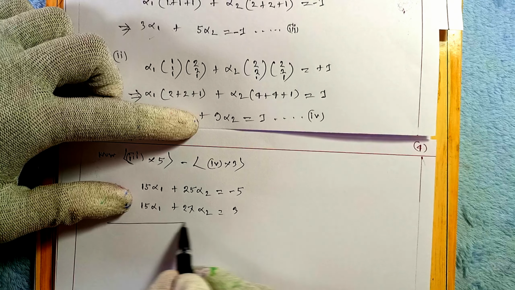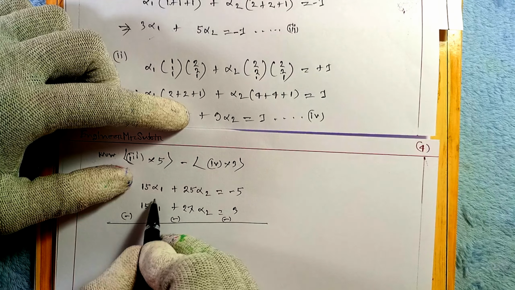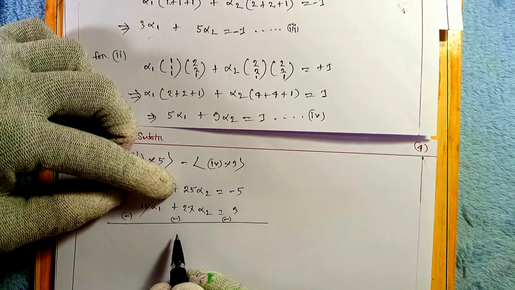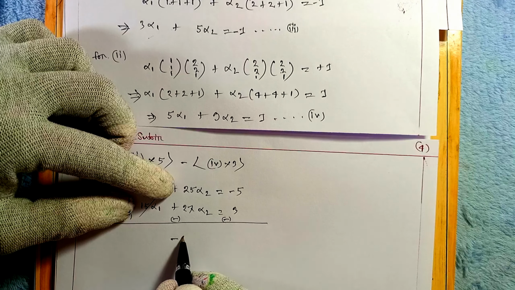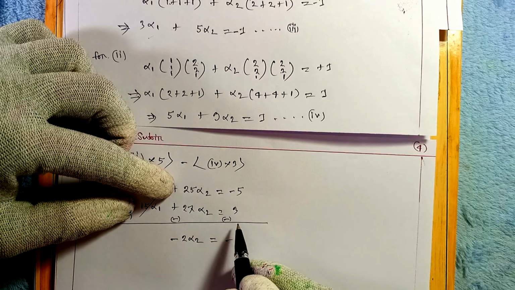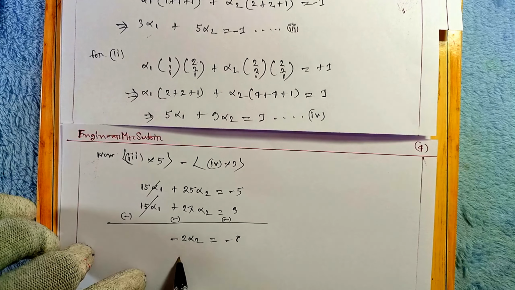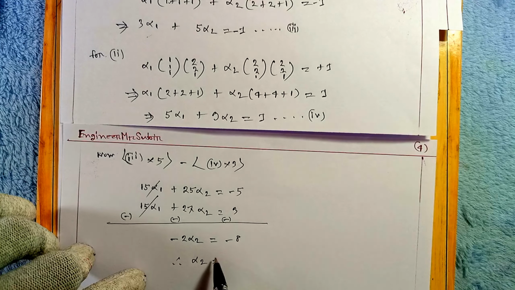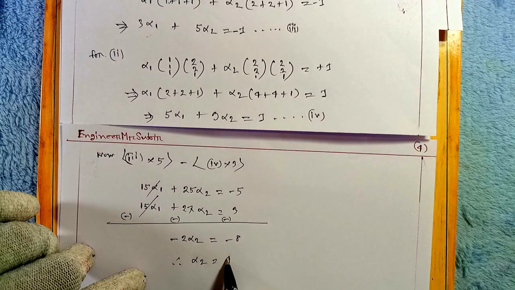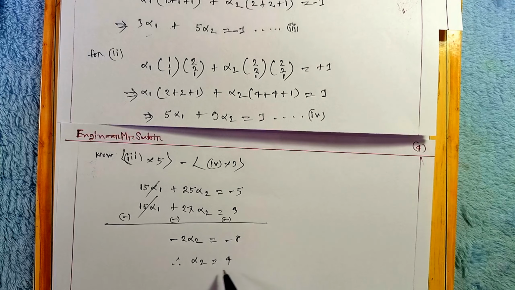Then we subtract, and here we have only minus 2 alpha 2 equal to minus 8. So alpha 2 value equals 4. So we already got the value of alpha 2.